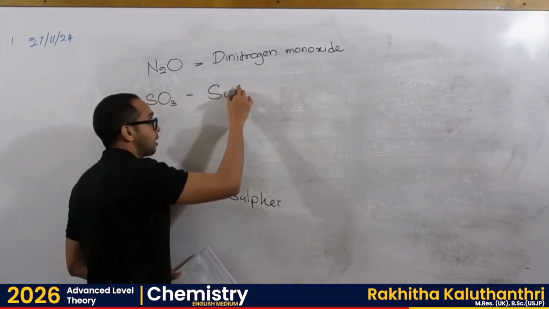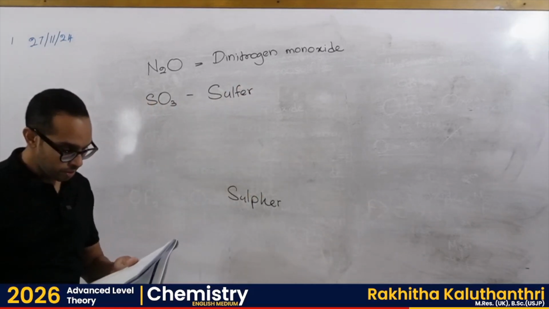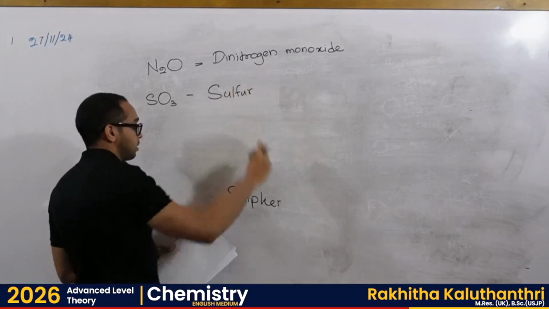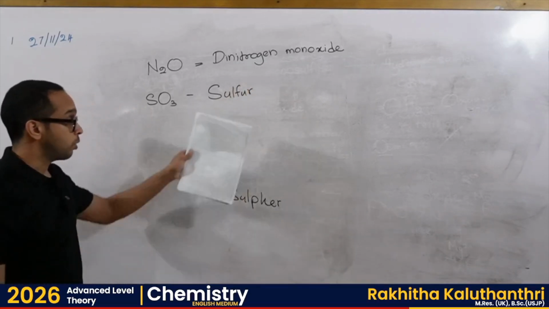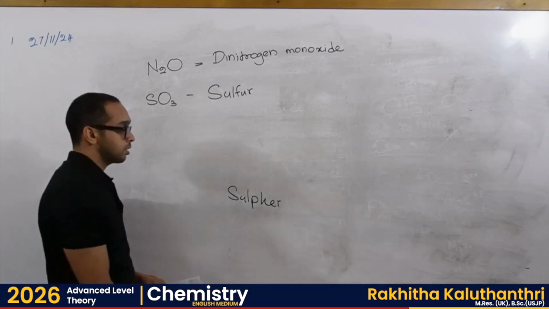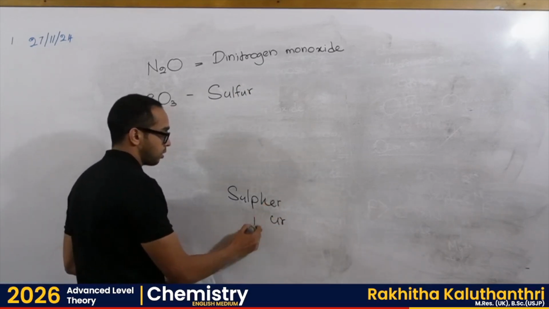We write sulfur with F, like this, FUR. I want to make sure that you write sulfur with F, not PH.